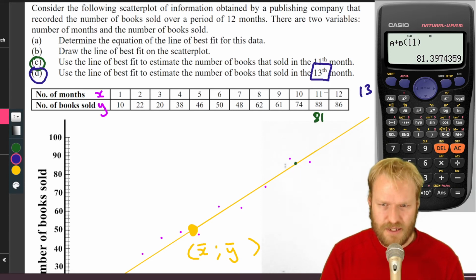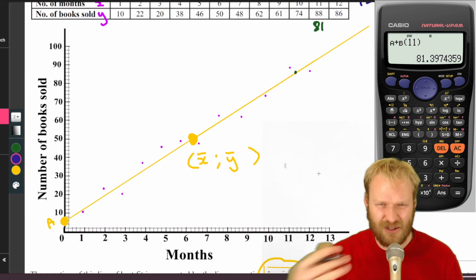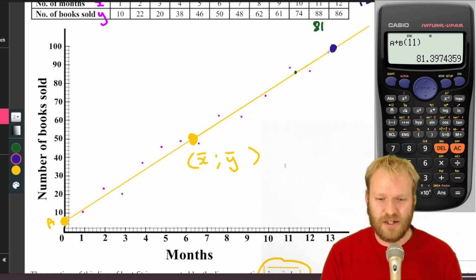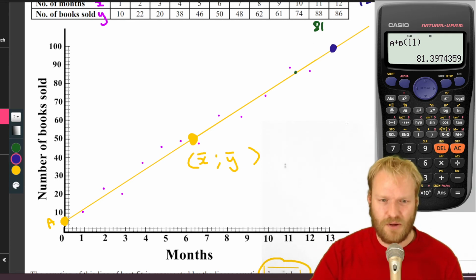So when you're looking inside the data set, then it's called interpolation. And if we're looking outside of the data set, then we call that extrapolation. So we're using this to guess what would happen. Not guess, we're using a fairly good way to go. At 13, how many books do you think we would have sold in the 13th month if everything continues in the same fashion? Now, think in the back of your mind what could go wrong with this thinking.